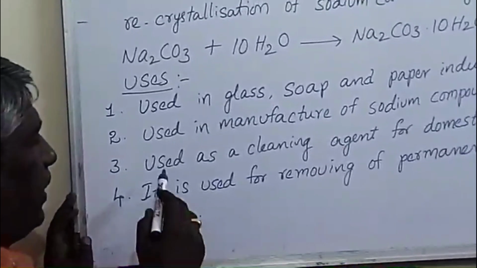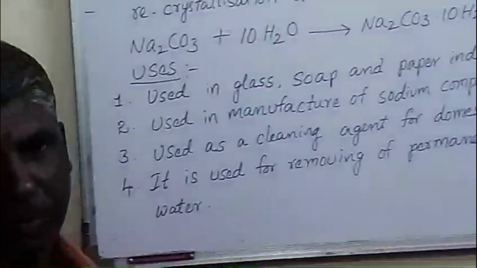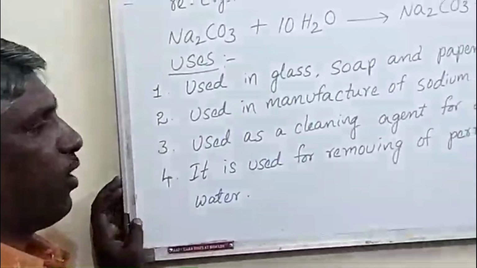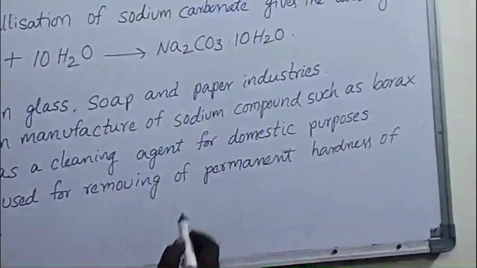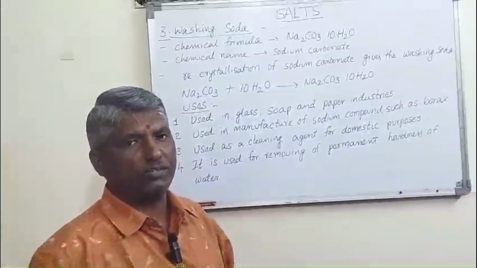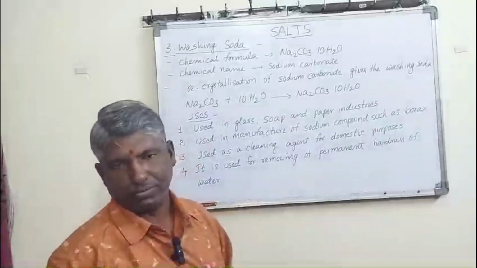It is used as a cleaning agent for all domestic purposes. And one more important point is that it is used for removing the permanent hardness of water. These are the important uses of washing soda in our daily life.